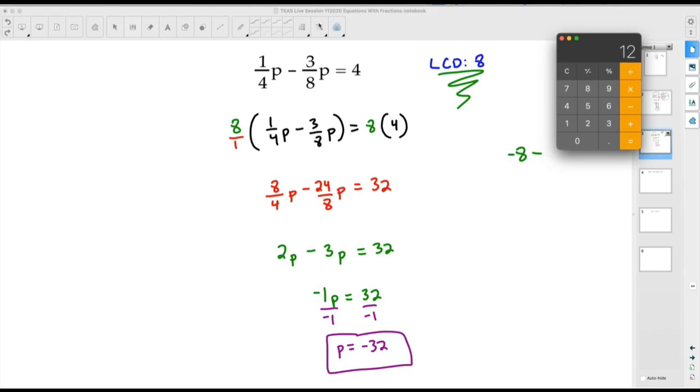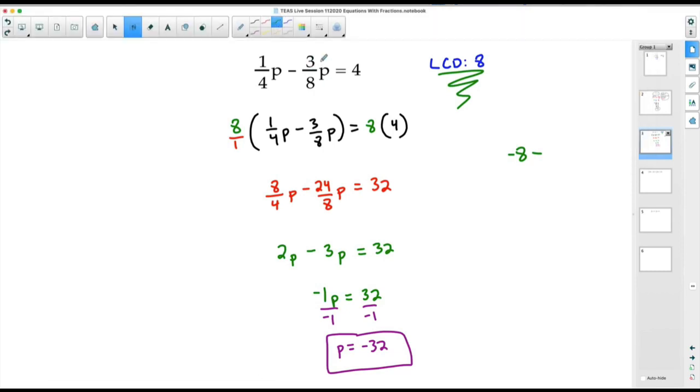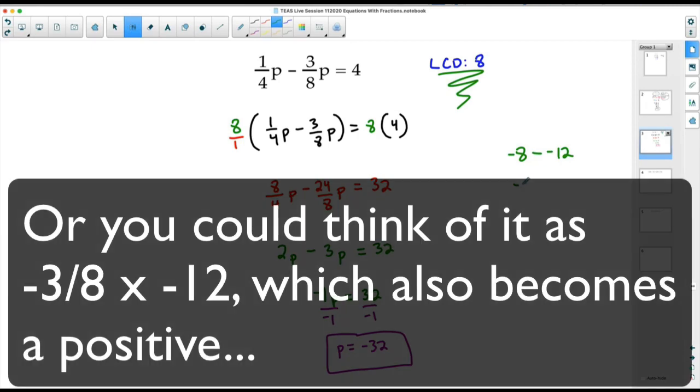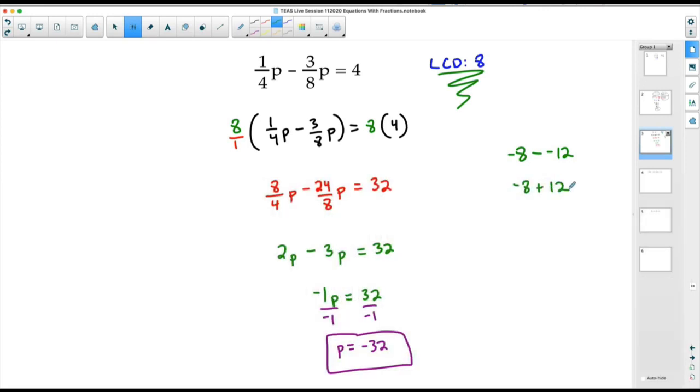But remember, we are multiplying 3/8 times a negative 32, so this will be minus a negative 12. And if we work this out, watching our signs here, negative 8 minus a negative becomes a plus. What do we get? Negative 8 plus 12, that is equal to 4. Check it out. It matches our answer.